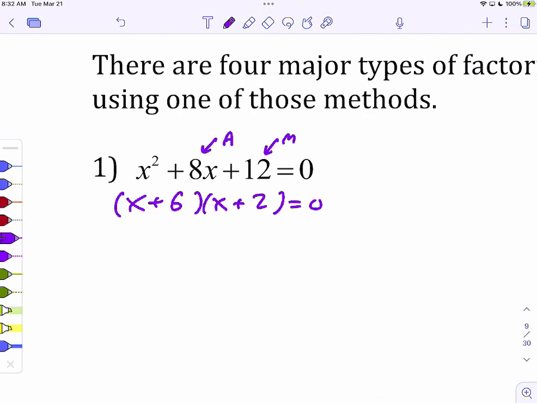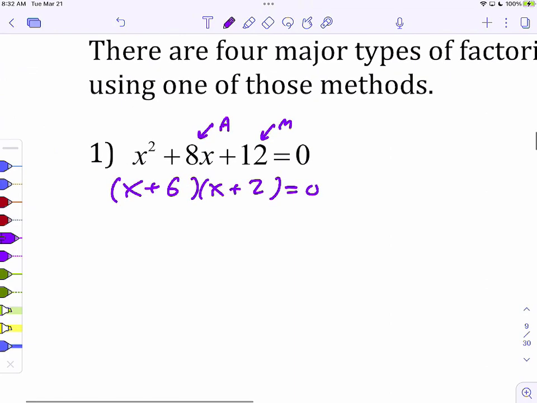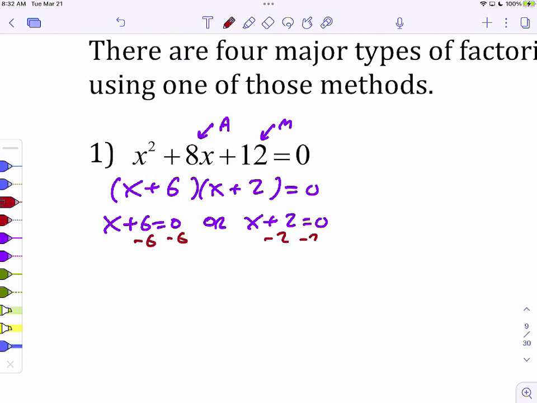In the previous chapter, there was no equal sign, and it just said factor, and you just factored it and you were done. These don't say factor only. They say solve by factoring. So you have to get the answers. And in case you're wondering why we have to do this, it's because the square roots method doesn't work on these problems.